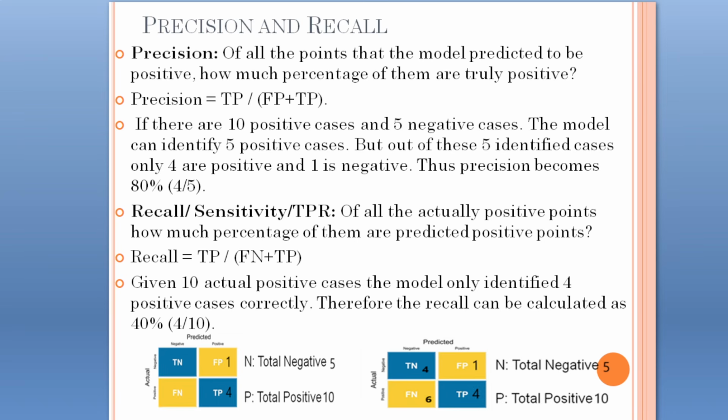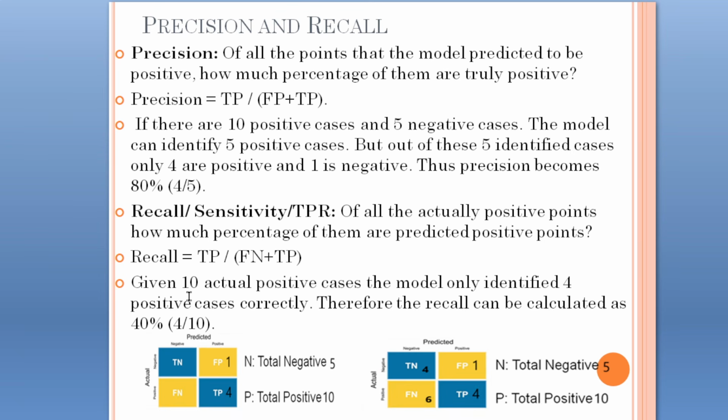For example, in medical diagnosis of rare diseases, or airport security while scanning luggage for weapons, where missing a dangerous item poses an immediate safety threat. The formula for calculating recall is TP divided by FN plus TP.